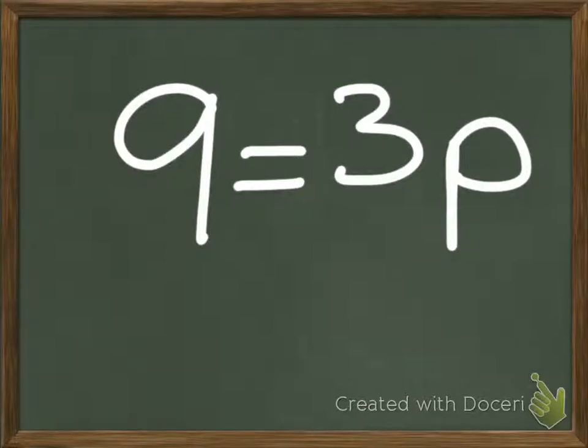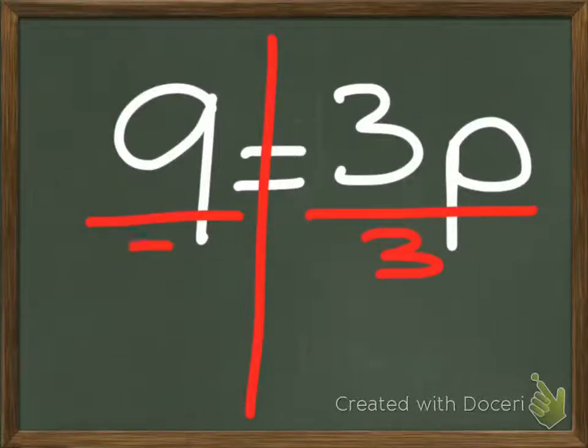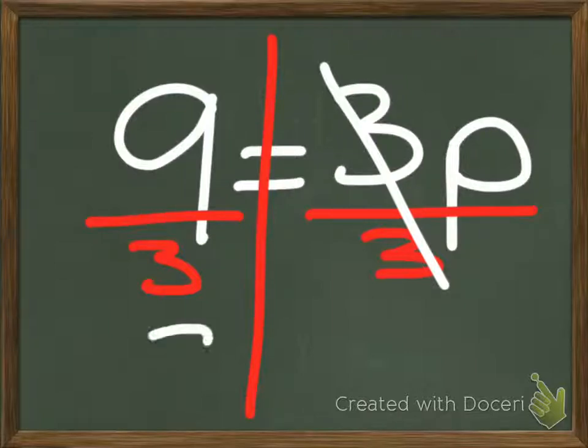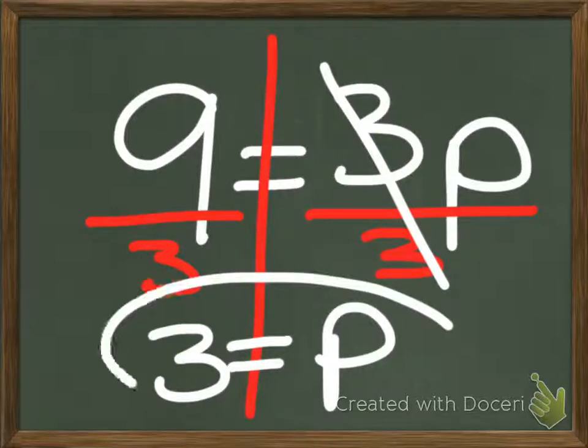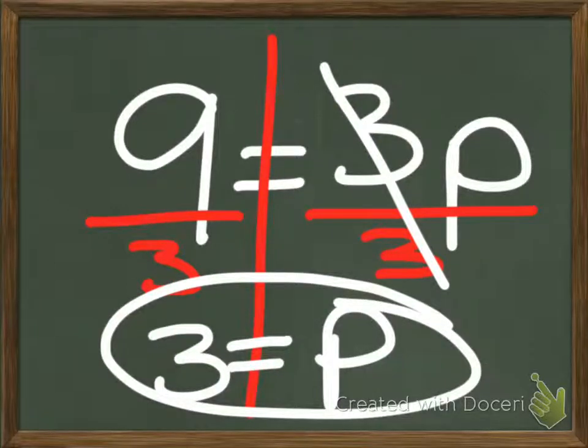And hopefully by now you're able to realize that this is getting pretty simple, right? We're getting down to where we just have to divide by 3 to end up with our answer. That's going to cancel out. 9 divided by 3 is 3, so P equals 3. And that's going to give me my final answer, okay?